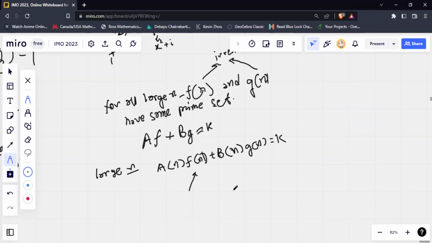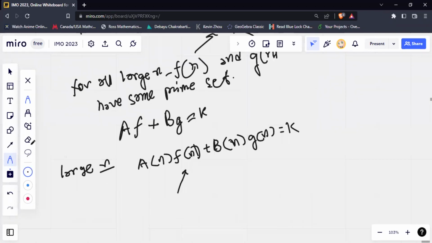Do you see how? Say there is a finite set of primes that divides the polynomial p. We will prove the fact later, but can you see how it gets reduced to this? Yeah, I can see.